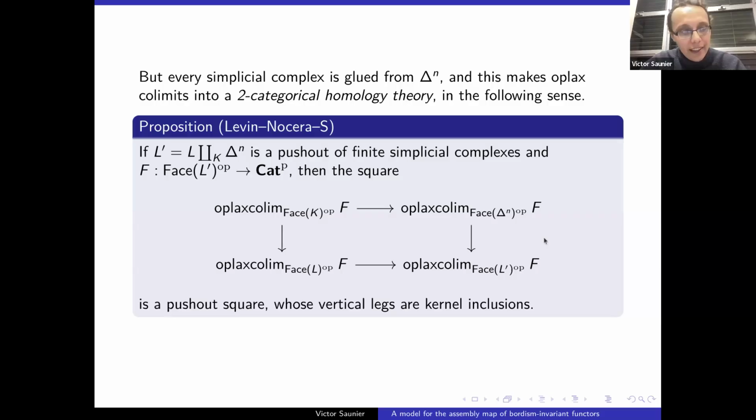And this is a two-categorical phenomenon, a two-categorical version of a homology theory. In a sense, this is the axiom that tells you that it sends push-outs to push-outs, but it very much is the spirit of it.